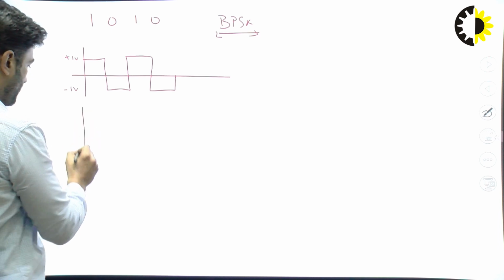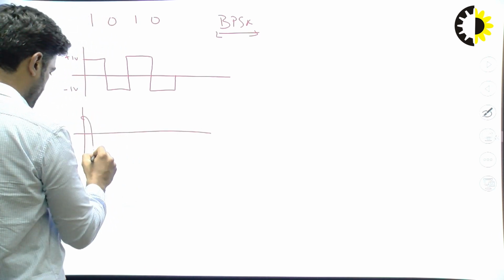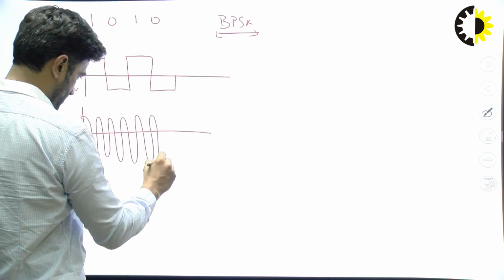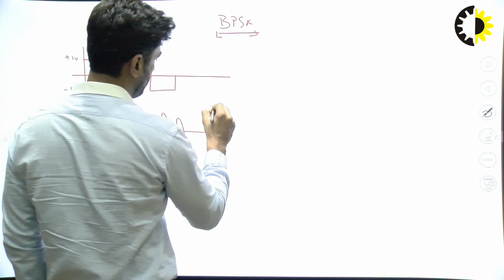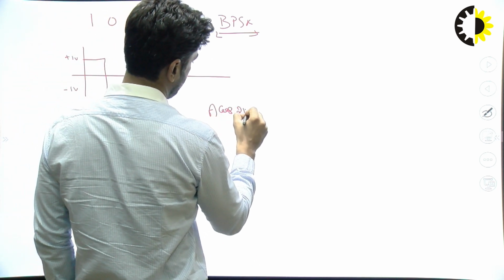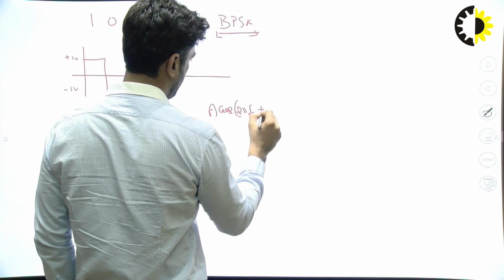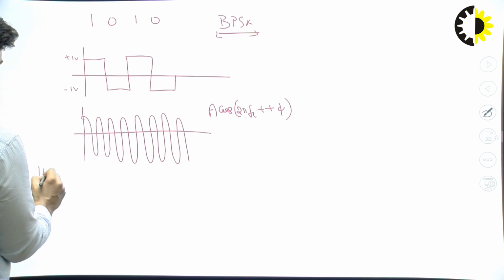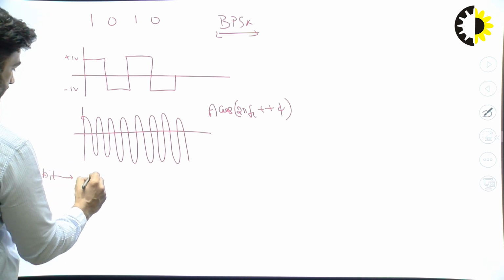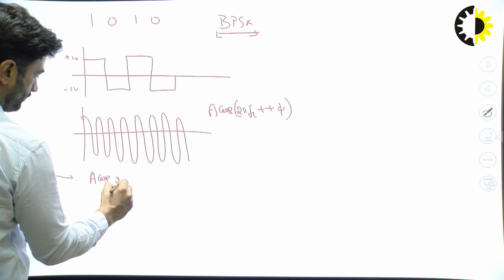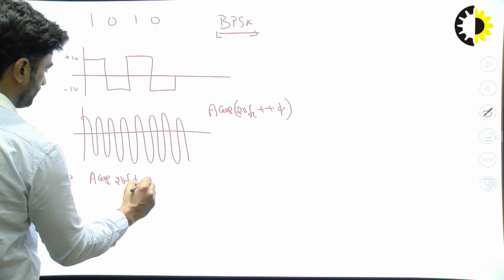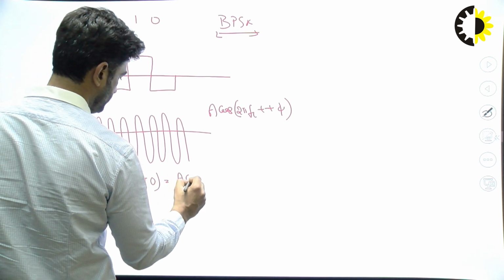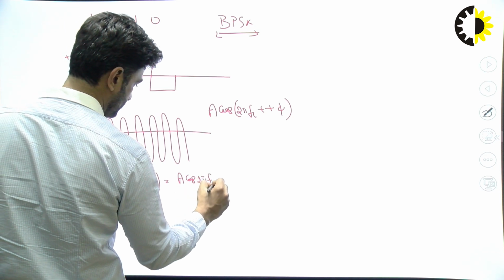Like now carrier signal, this is the carrier signal A cos 2 pi FCT. Now the phase will vary with respect to 0 bit or 1 bit. If the 1 bit is there, then the equation of the carrier is A cos 2 pi FCT plus 0, that is A cos 2 pi FCT.